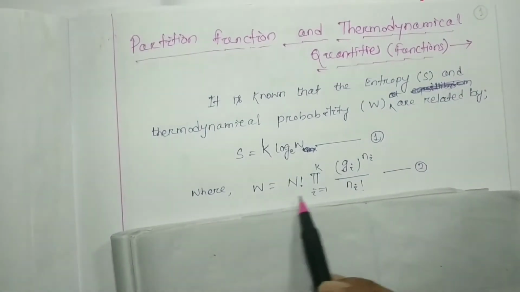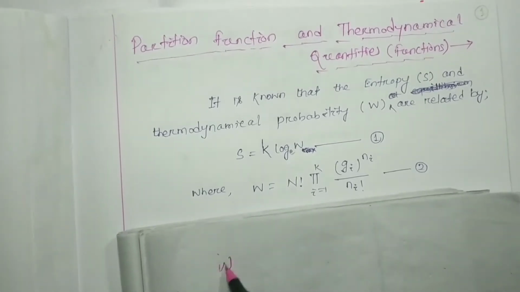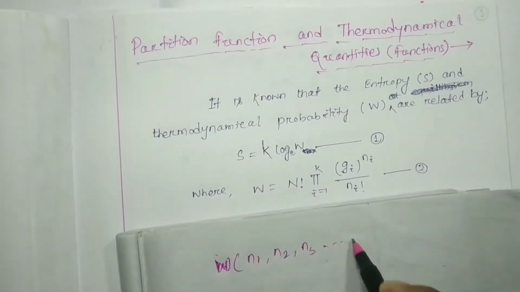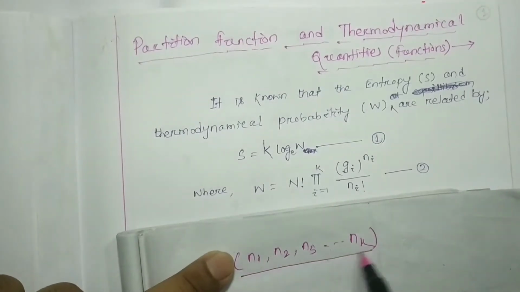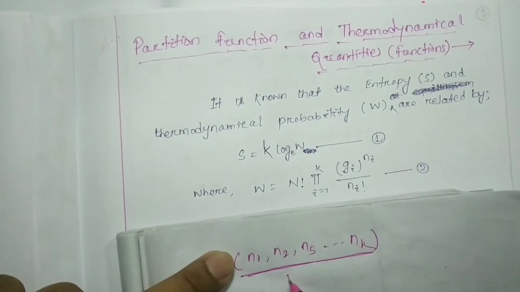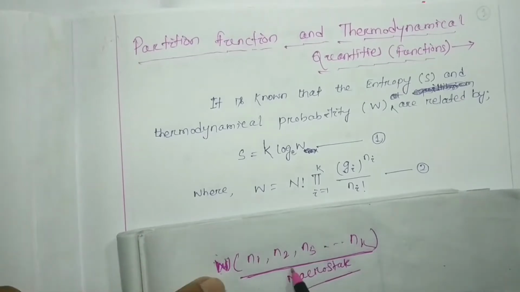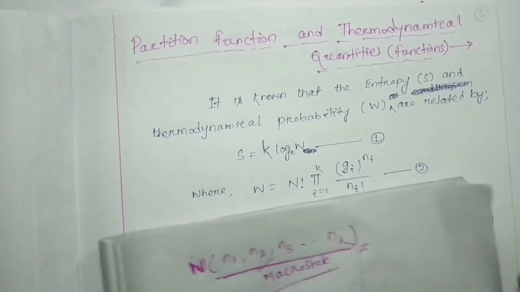That means W(n1, n2, n3 up to nk), where n1, n2, n3 is a particular macro state.